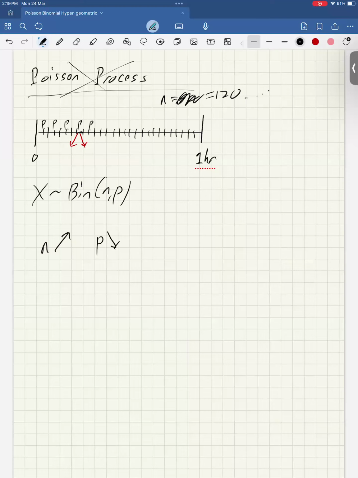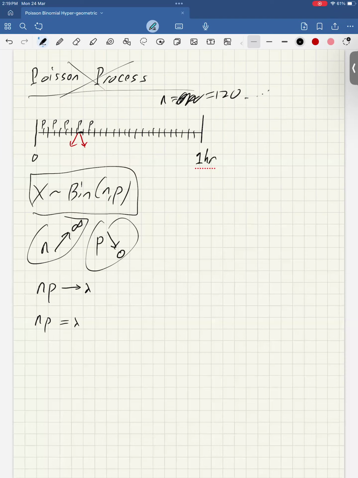If you grow n to infinity, so you make many, many micro time intervals, and you take p to be 0 or almost 0, in such a way that the product np goes to lambda, or you can just think of it as keeping np equal to a constant lambda, but you increase n and you decrease p, then it's not so hard to show that x distributed binomial(n, p) actually converges in distribution.